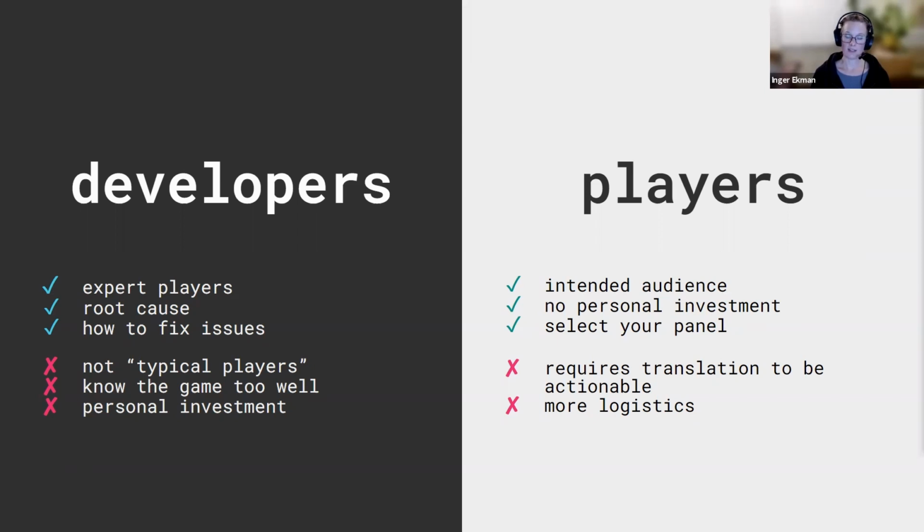On the challenges side, players might be talking in the same language as you, but they don't necessarily always mean the same things. So when an external player talks about matchmaking, it might not translate directly one-to-one onto how you think about matchmaking internally.